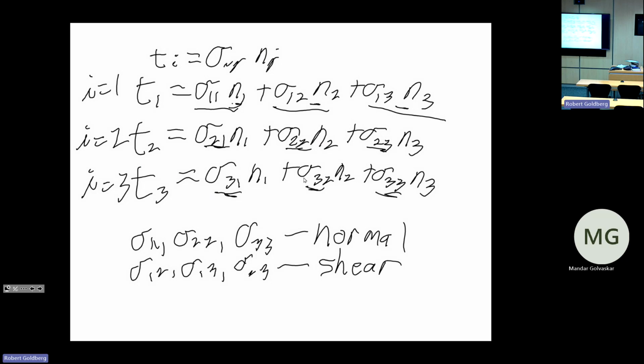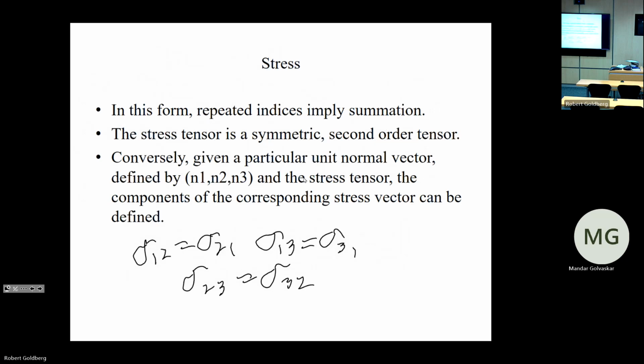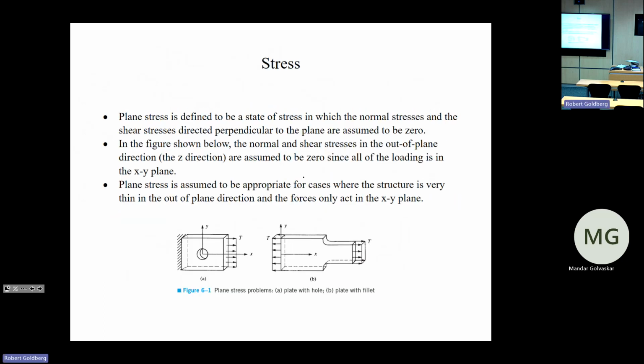Which makes sense because these represent the components of the stress vector acting in the direction perpendicular to the plane. But anyway, as I was starting to say, plane stress is a state of stress in which the normal stresses and the shear stresses perpendicular to the plane are assumed to be equal to zero.